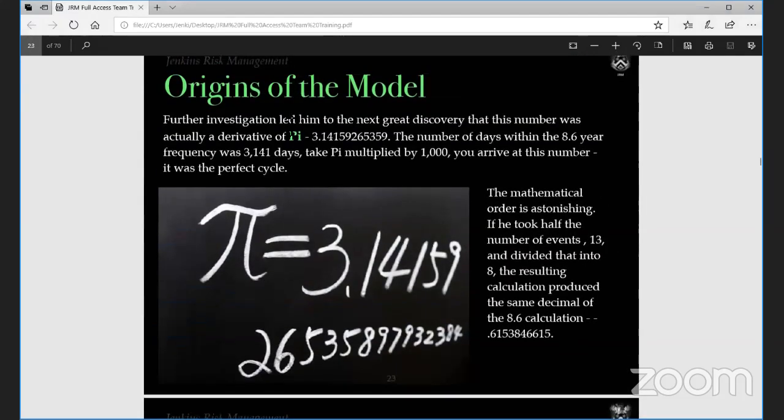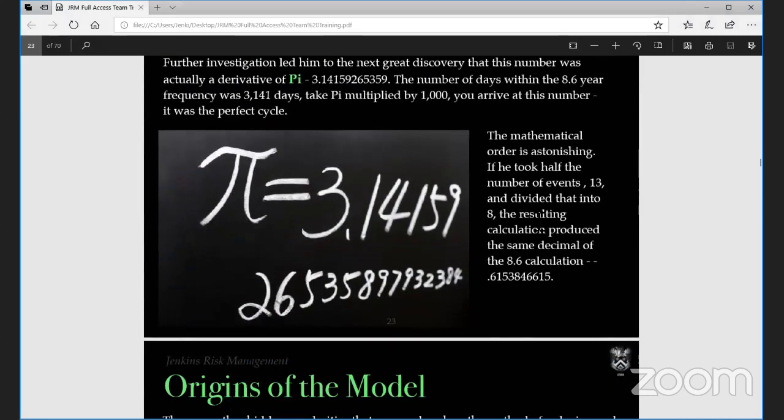You know, when you get into cycles, you start to realize that pi is the perfect cycle. And what's interesting about 8.6 years is if you take pi times 1,000, it's 3,141 days. That's the number of days in the 8.6 year cycle. And then there's other derivatives of pi.